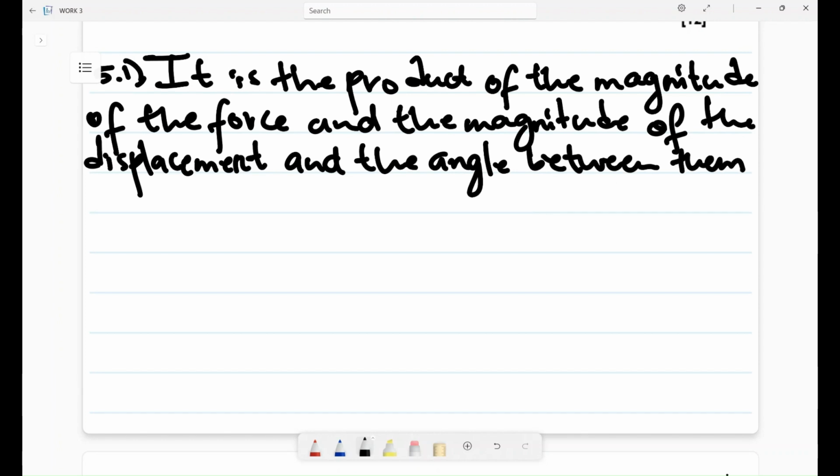Okay, this is the definition. Please use the definition from the exam guideline if it does not say this.